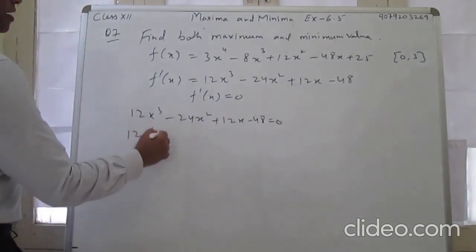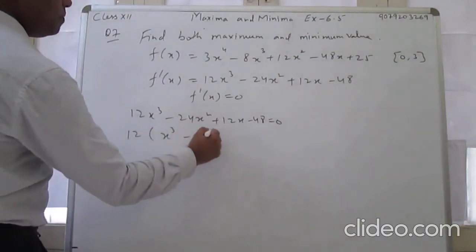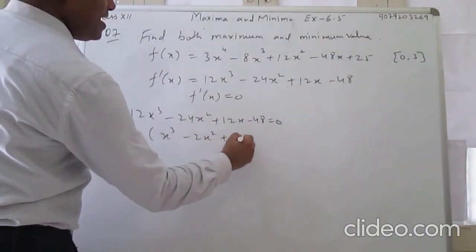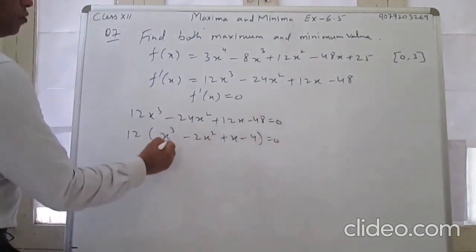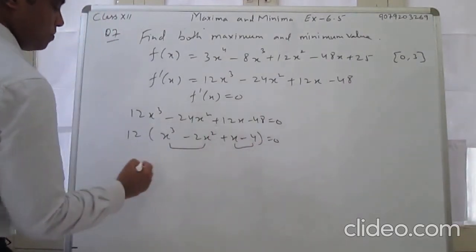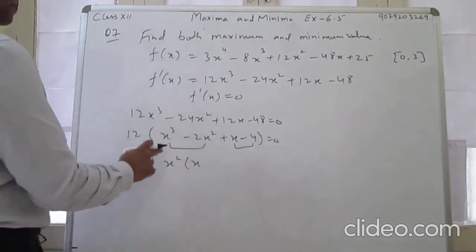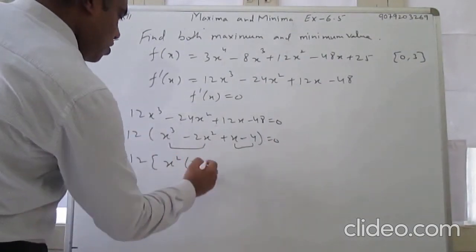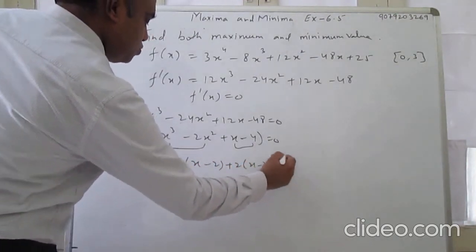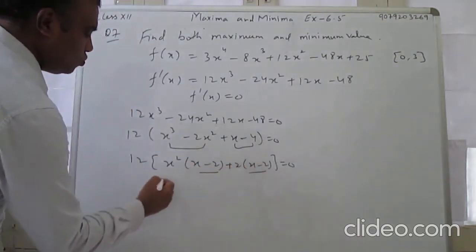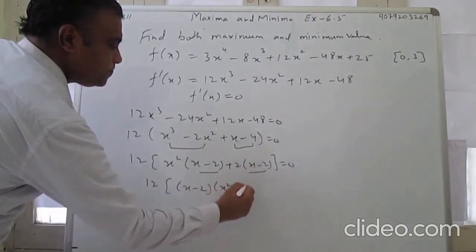Taking 12 common, x cube minus 2x square plus x minus 4 is equal to 0. Make grouping of these 2 and these 2. I will take x square common, it becomes x square into x minus 2 plus 2 common, x minus 2 is equal to 0. Again I will take x minus 2 common, x minus 2 and the remaining in the other bracket.